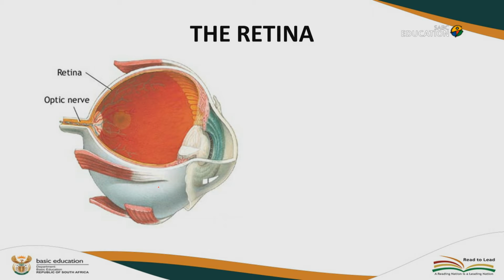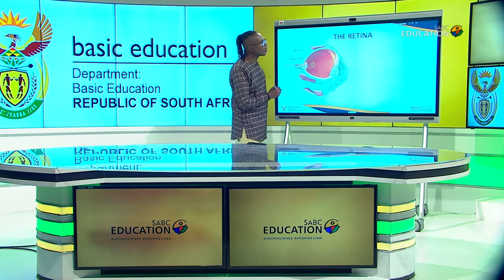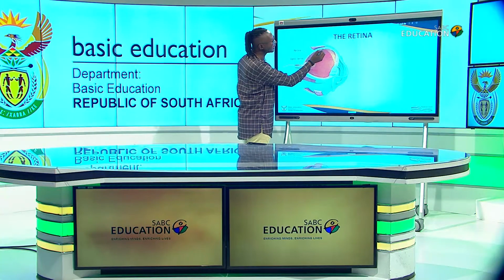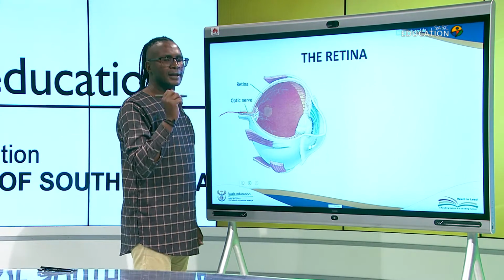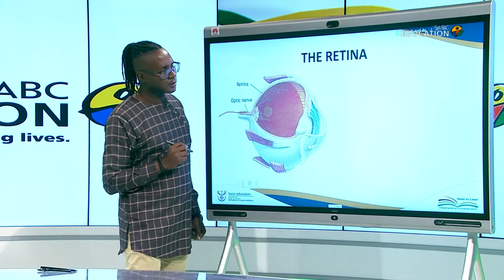Now, the retina. When you looked at the longitudinal section of the eye, we made mention, but now look at this closer look. This is where the optic nerve leaves the eye. It leaves the eye because it carries electrical impulses, which it directs to the occipital lobes of the brain. Now, here is your retina, the innermost layer of the eye. Light sensitive. It has the yellow spot.